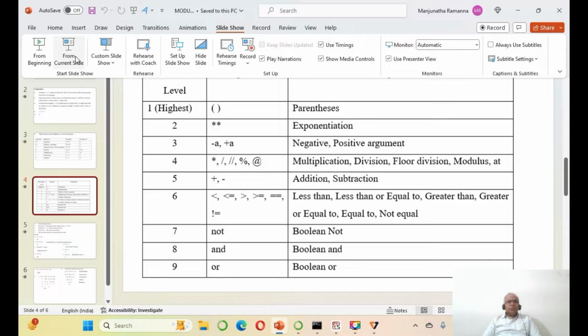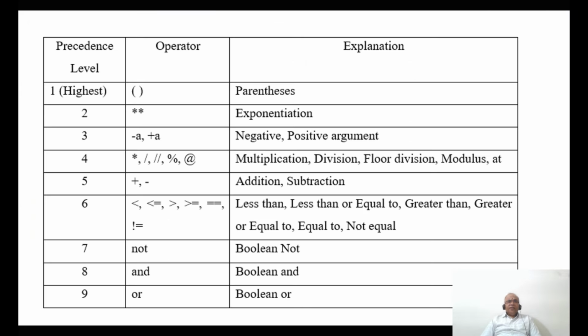Now coming down to this, the next one is the precedence level, the operator, and then the explanation. What are those things? The highest precedence in any expression is the parenthesis, followed by exponentiation. Then we have the third one as the negative and positive sign, that is minus a, plus a.